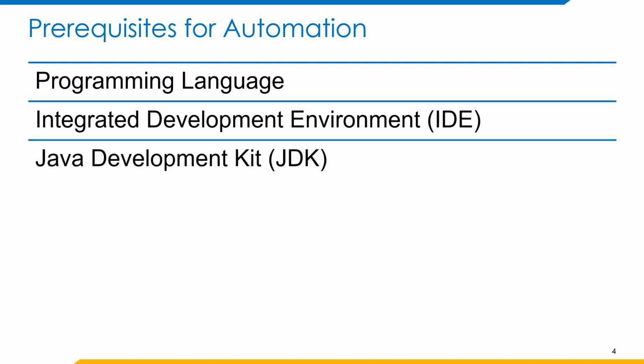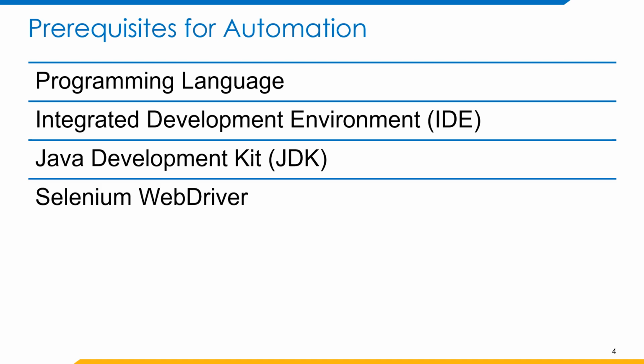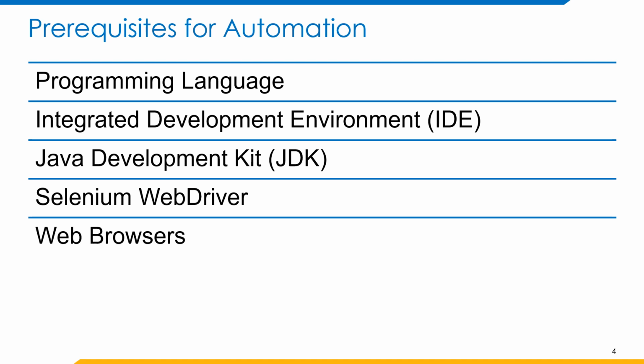Java Development Kit. If you opt for Java, you will need to install the Java Development Kit on your system. Selenium WebDriver. Download the Selenium WebDriver for your preferred programming language. You can add the WebDriver libraries to your project using build tools like Maven. Web browsers.